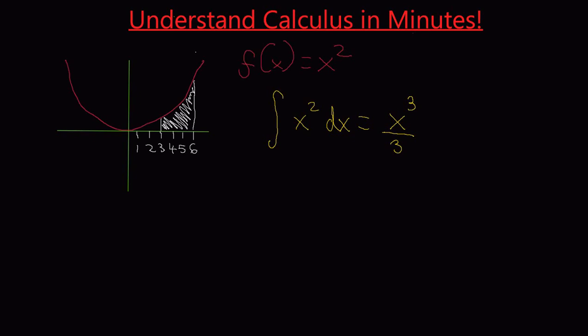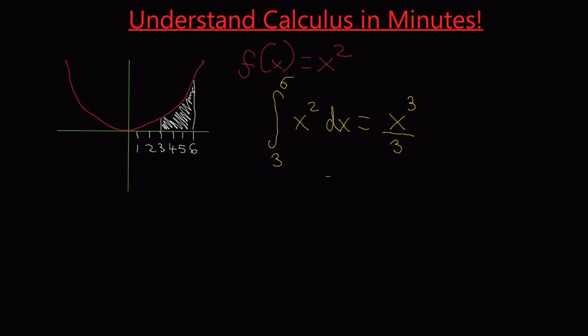So from here, if we want the area under this curve from 3 to 6, then we say from 3 to 6 we have this function. So we would say we substitute 6 for this x, and then we subtract it, or rather we put this 3 in. Here, I'll show you, it's easier.